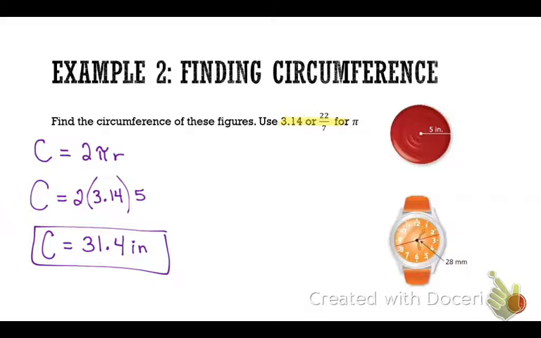All right, let's look at the next one, this watch. Does it give me the radius or the diameter? Diameter. It gives me diameter, so I'm going to use the formula for diameter, pi d. Now I need to decide whether to use the decimal value or the fraction for pi.